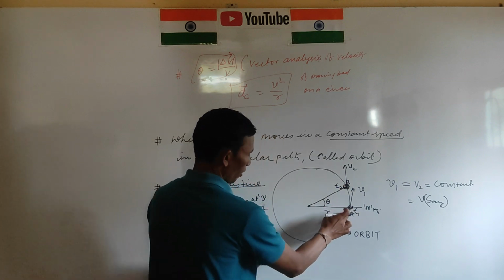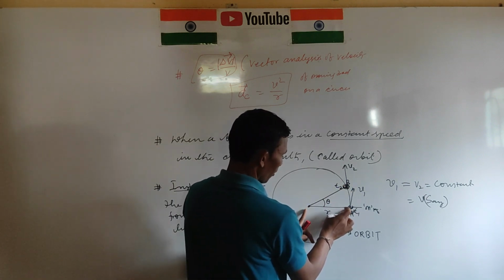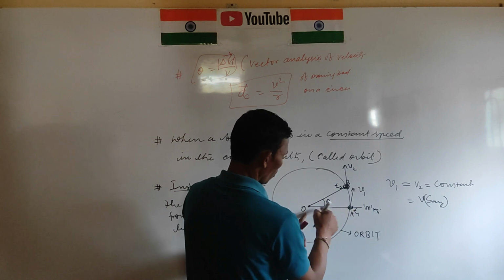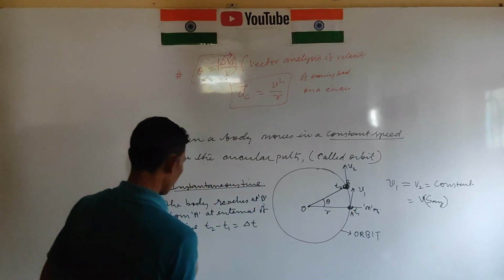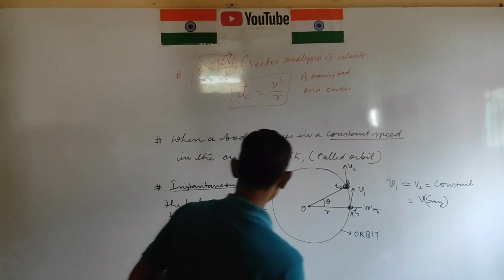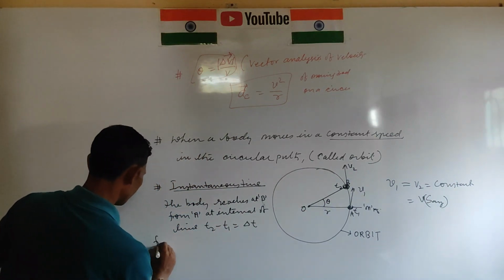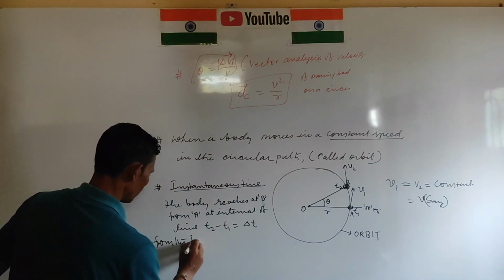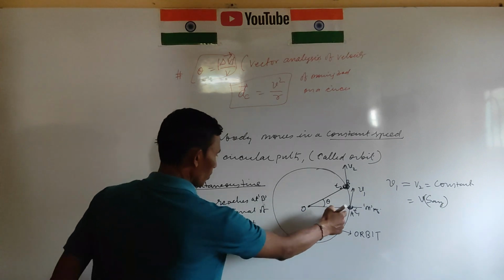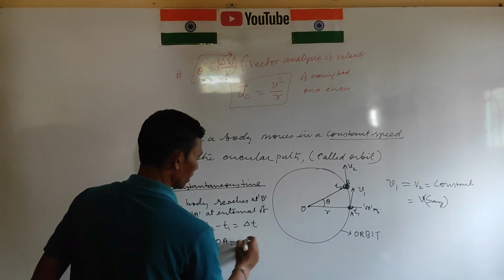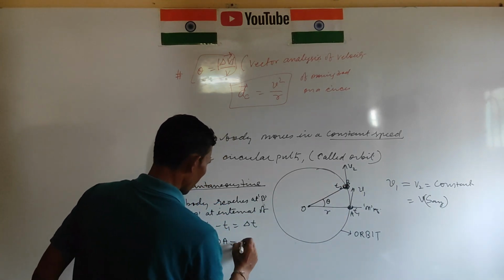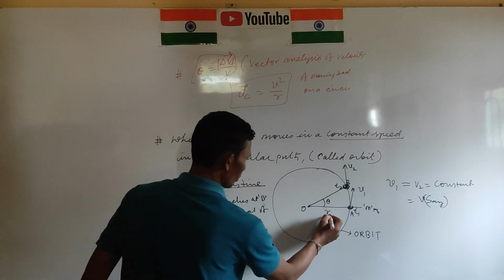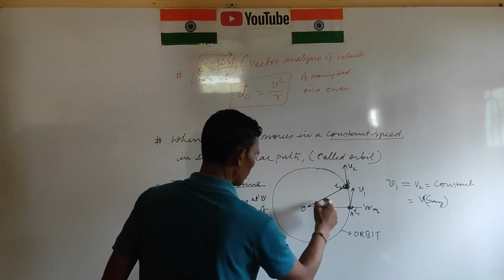Suppose that at a point O to A, that is called OA. From the figure, OA equal to R1. This is called R1 and this is called R2.